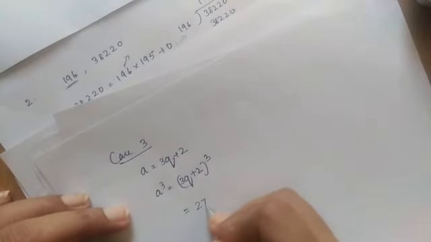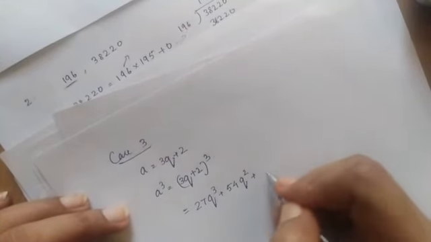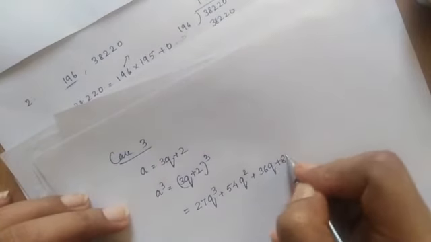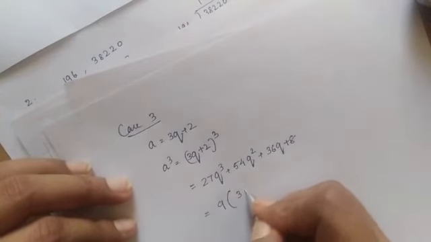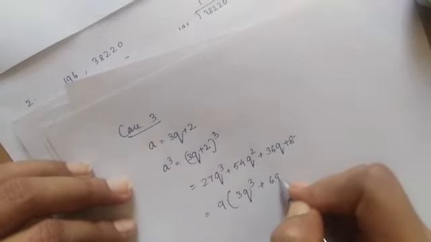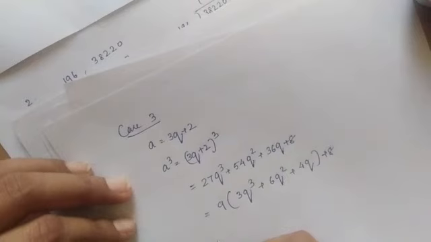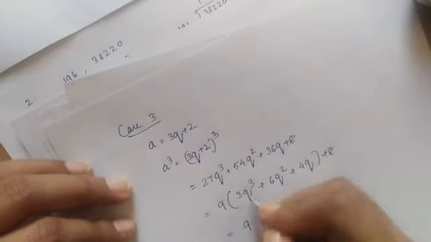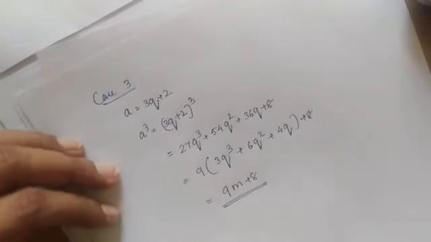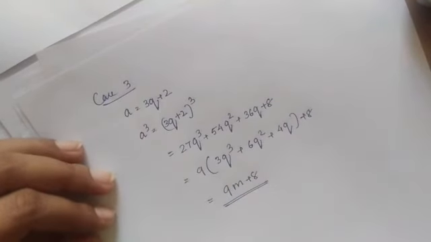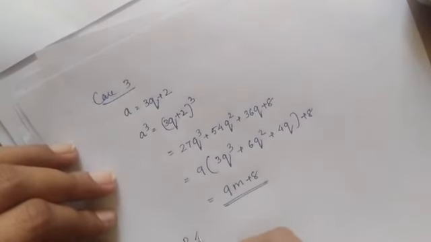We get the expression as 27q raised to 3 plus 54q square plus 36q plus 8. We rewrite it as 9 into (3q raised to 3 plus 6q square plus 4q) plus 8. We can rewrite it with the constant term as 9 into m plus 8. Hence proved.